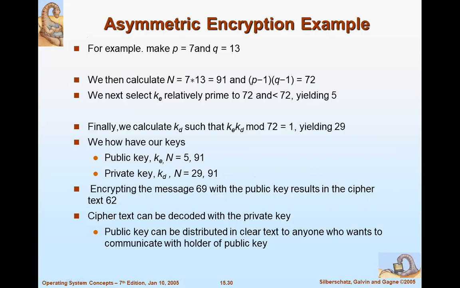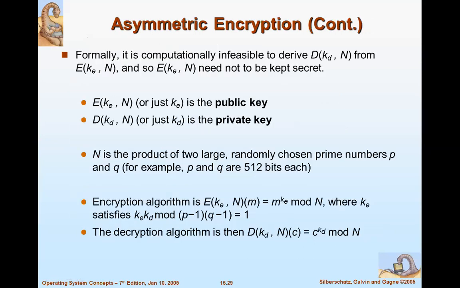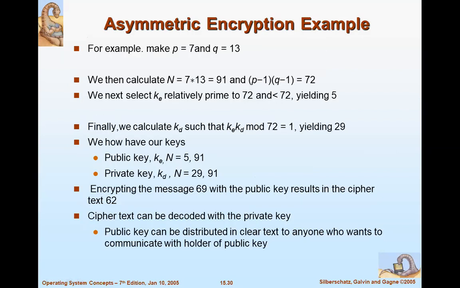And as per our formula in the last slide, we compute p minus 1 into q minus 1, which is 72. So therefore, we next select KE, the key for encryption, relatively prime to 72 and greater than 72, yielding 5.